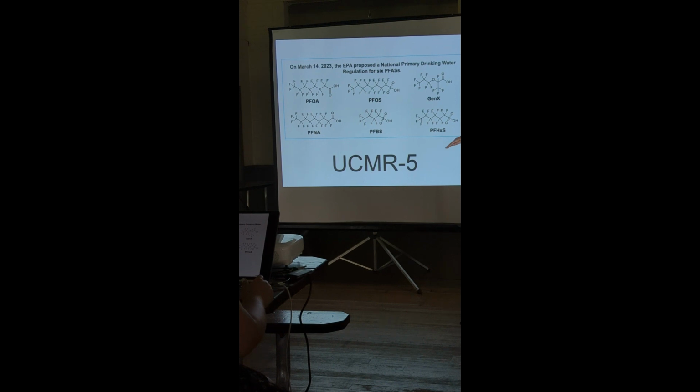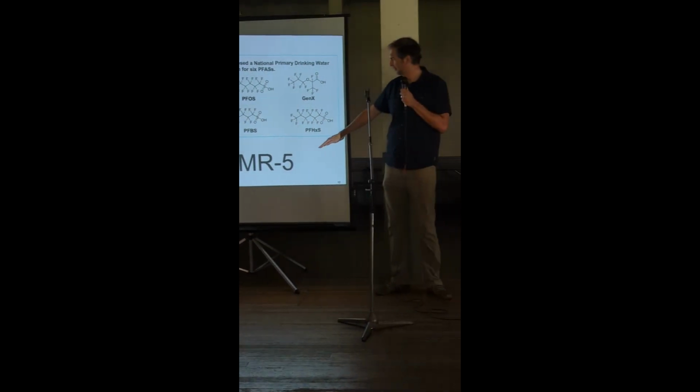Okay, this is also a great thing from the EPA. This is the Unregulated Contaminant Monitoring Rule. This is the 5th version of it. They're usually, I think, 4 or 5 year cycles where they identify emerging contaminants of concern, and they say, okay, every water utility in the US that serves more than 3,500 people has to monitor for these unregulated contaminants at least once a year for the next 5 years.